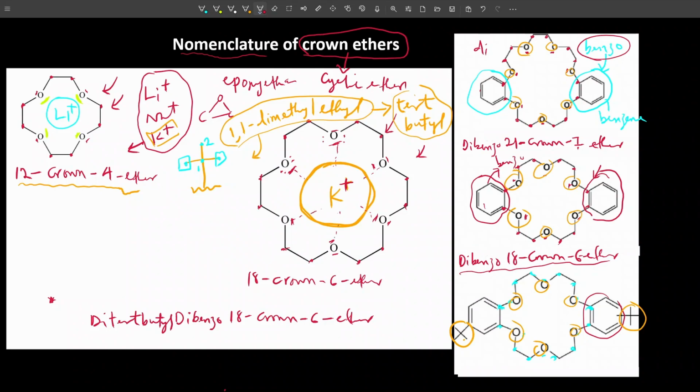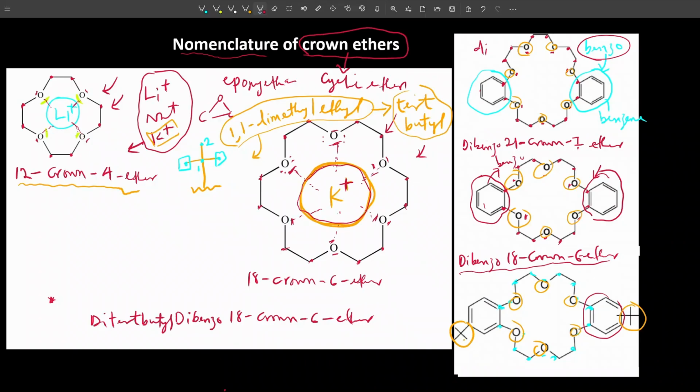So the negative oxygen atoms will be attracted to the positively charged potassium ion, which keeps the potassium ion in place. So why is it called a crown ether? Because if you look at this clearly, it looks like a crown, where the potassium is like where you put your head. So it looks somehow like a crown. Same thing happens here. There'll be an attraction between the oxygen atoms and the lithium ion.